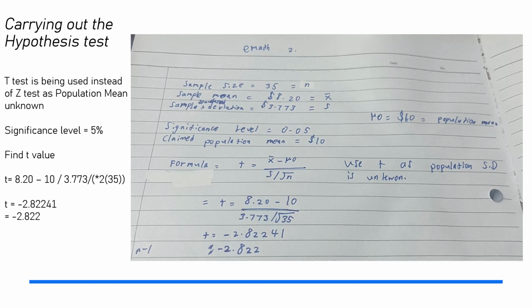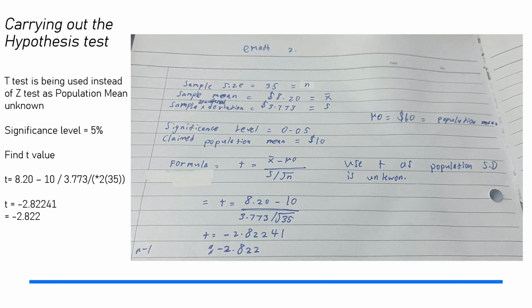So we use t equals mean minus population mean over sample deviation divided by square root of the number, which is 35. You will get t equals 8.20 minus 10 over 3.773 divided by square root of 35.